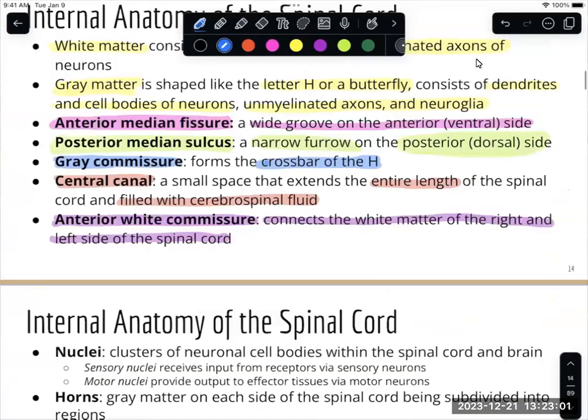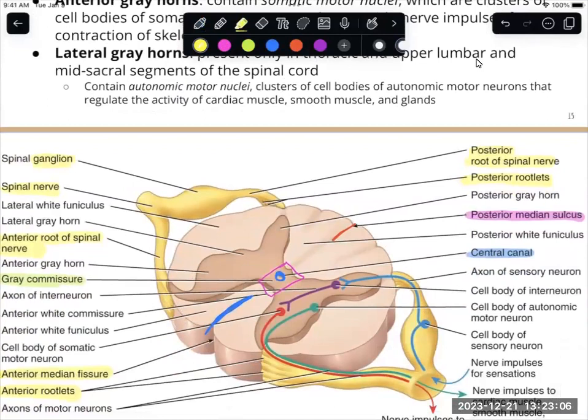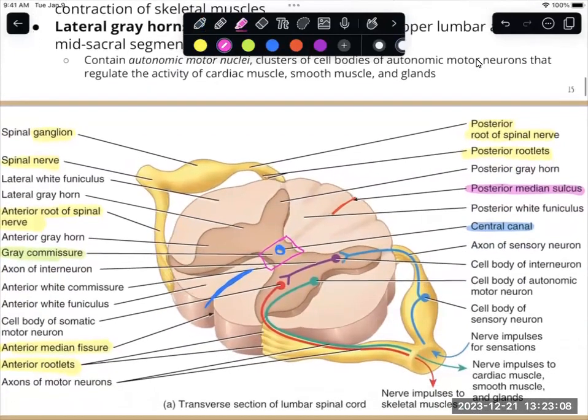What was the last one? The anterior white commissure. So that anterior white commissure is this area right in here. This is an area where information could travel from one side of the spinal cord to another.